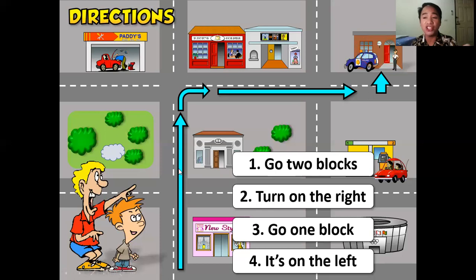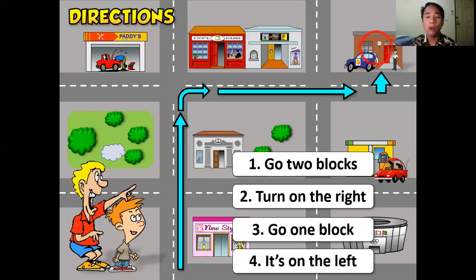And then after that, on the next road, you have to turn on the right. Okay, so once you turn on the right, you walk straight again, go on 1 block, and then you turn left. You can find there the police station. Okay, so that is how you direct or give direction to the question.